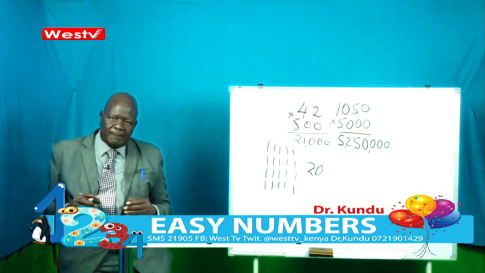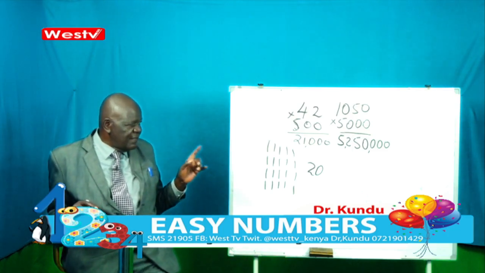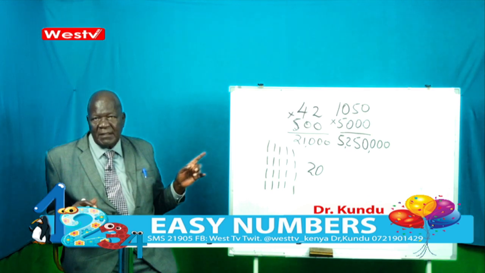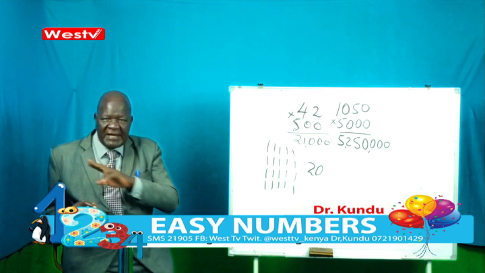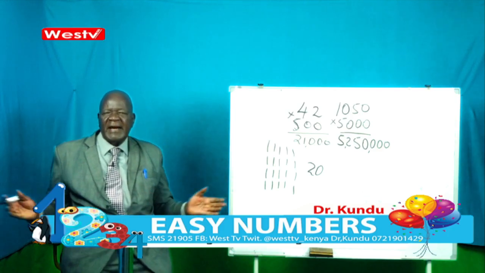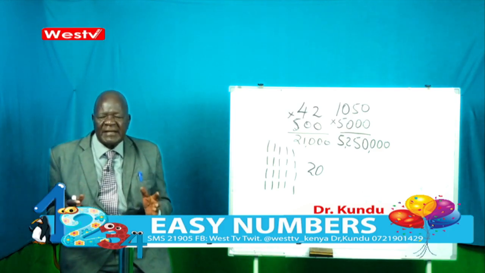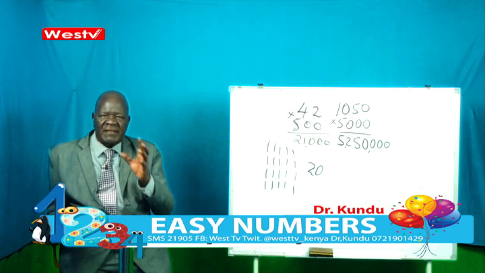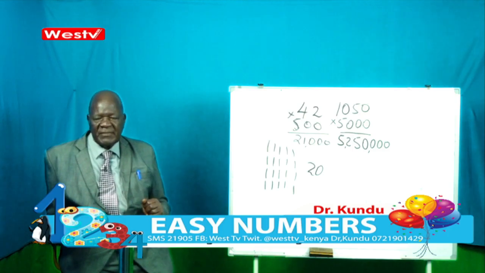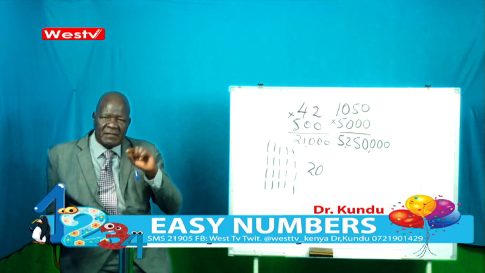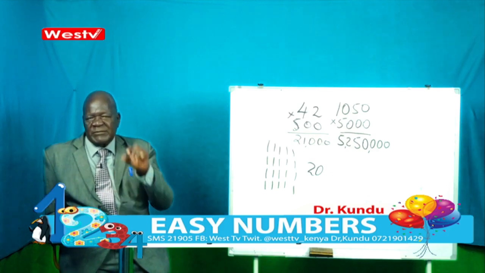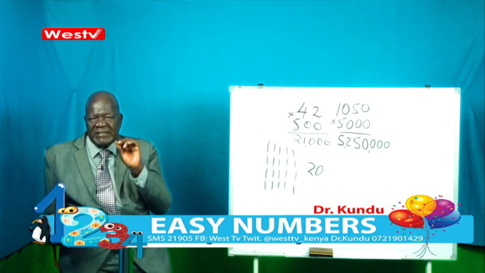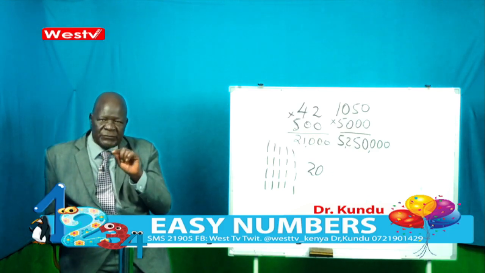Okay. These are even numbers being multiplied by 5. Just take half of the number and then add on as many zeros as the number of digits in the 5 you're using. If you are using 5, is a 1-digit 5, just put 1 zero. If you are using 50, is a 2-digit 5, just add on 2 zeros.